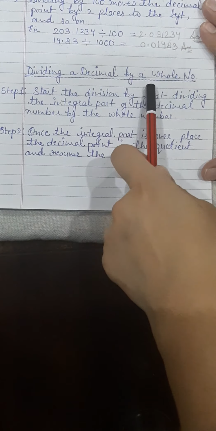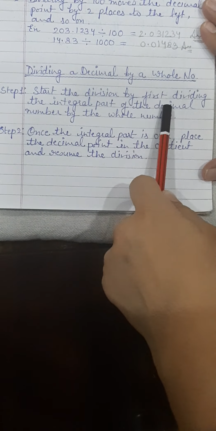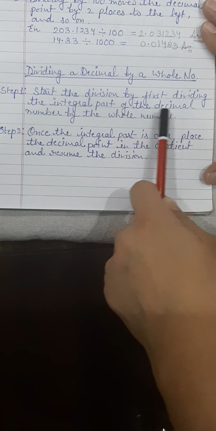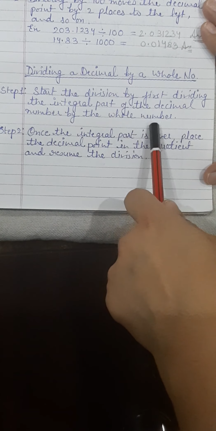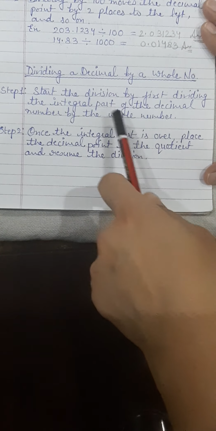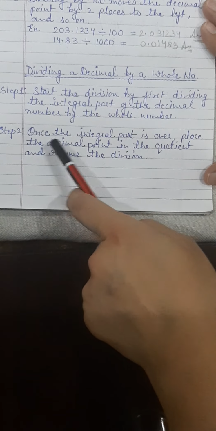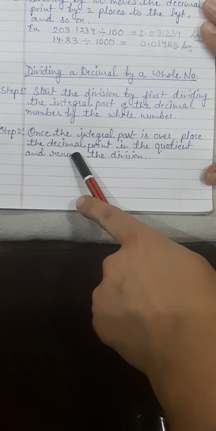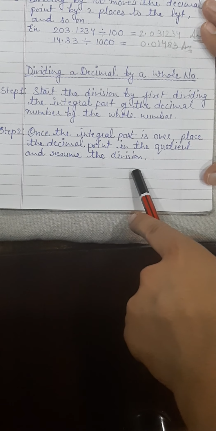Now next is dividing a decimal by a whole number. Step 1. Start the division by first dividing the integral part of the decimal number by the whole number. First you have to divide the integral part by the whole number, and then once the integral part is over, place the decimal point in the quotient and resume the division.